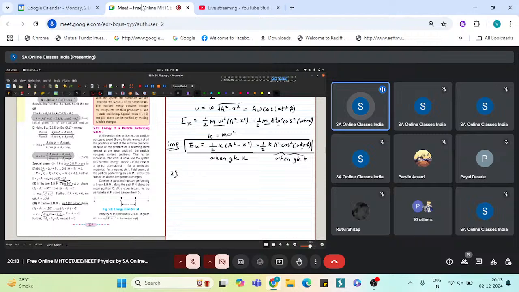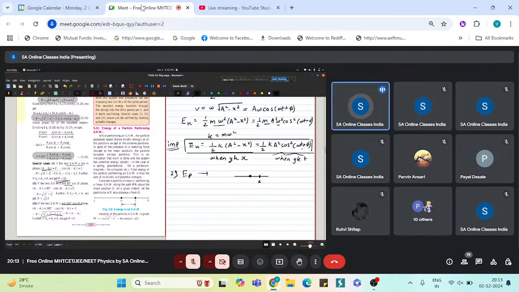And then second is going to be EP, which is the value for potential energy. For that, we will look at a system which is again performing SHM, and let's say it is at some position x.